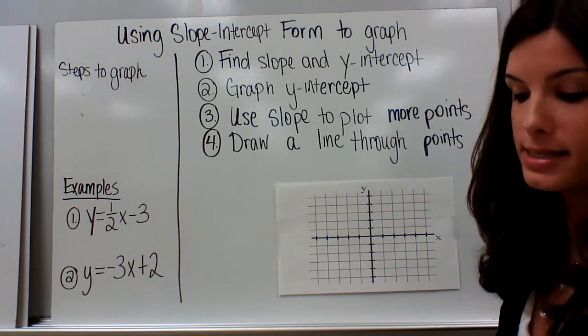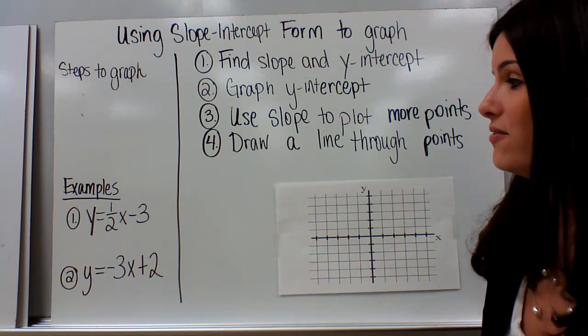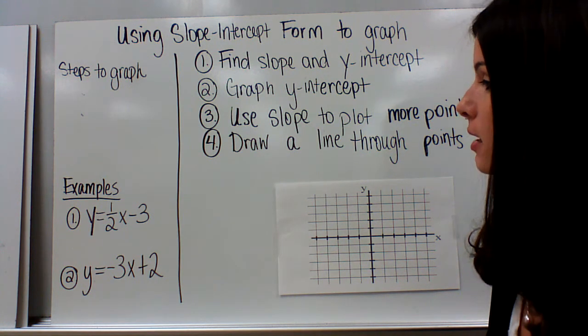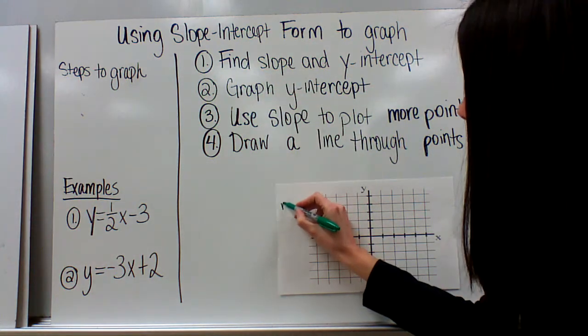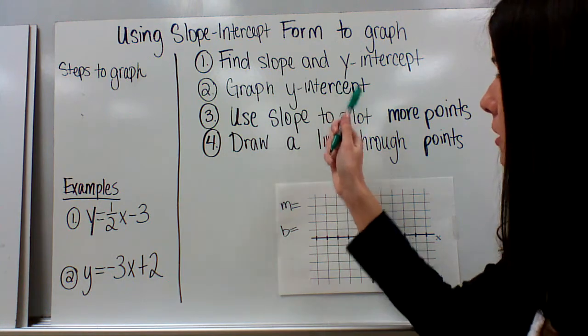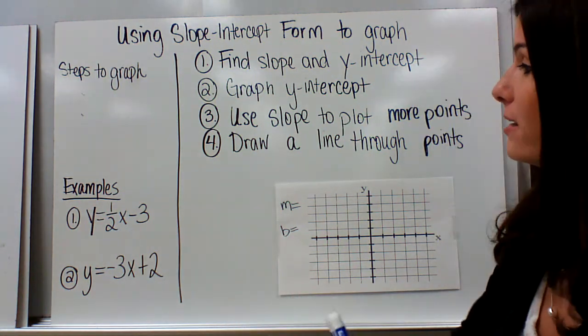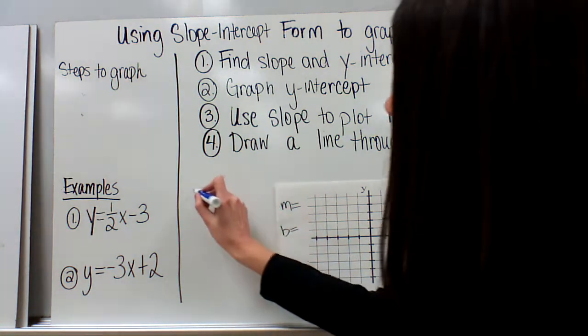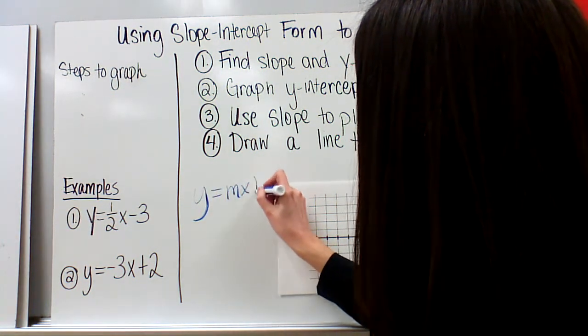Okay, so let's try graphing number 1. We have y equals 1/2 x minus 3. Okay, so first we're going to find the slope and the y-intercept. Okay, my slope is always right in front of my x. We're going to remind ourselves what slope-intercept form is. Y equals mx plus b.